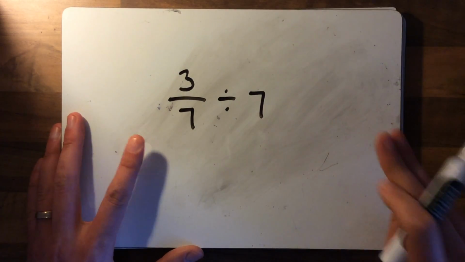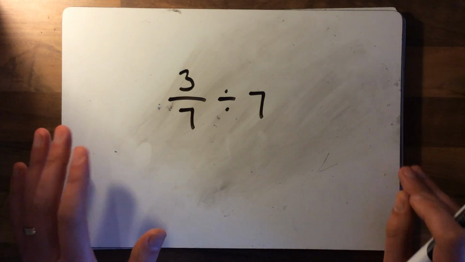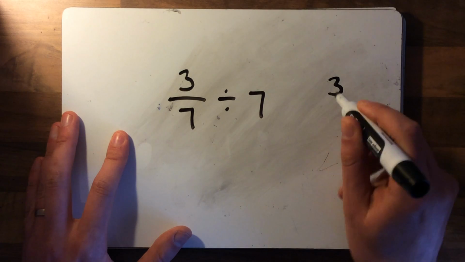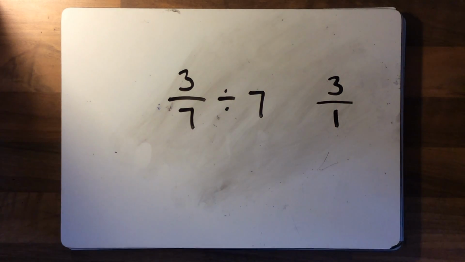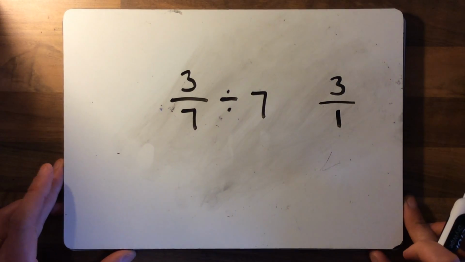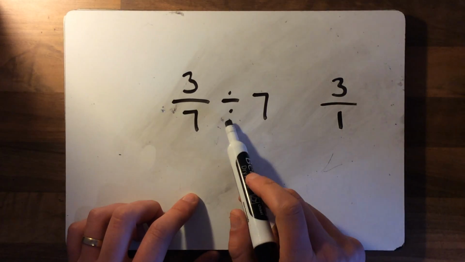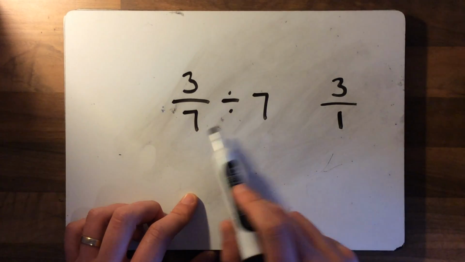Now, just before we finish, I just want to show you a common mistake that I see with this. What mistake has been made there? If you have a look at this, what mistake has been made? So hopefully you've seen the mistake, and it's the mistake I see most often, and I've seen it previously with other Year 6 students, is they've seen that it's a division and they've tried to divide.